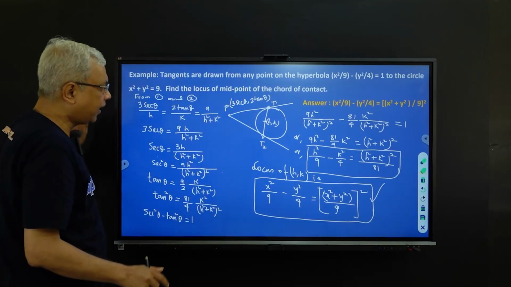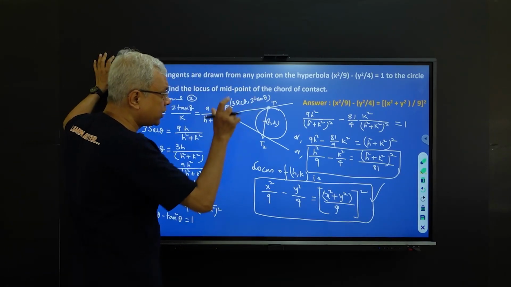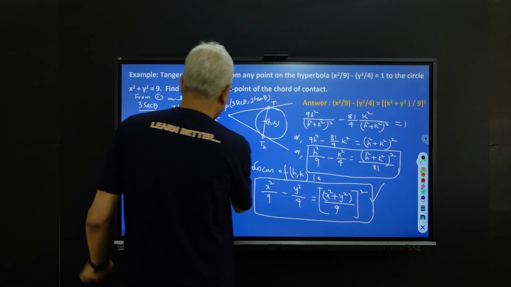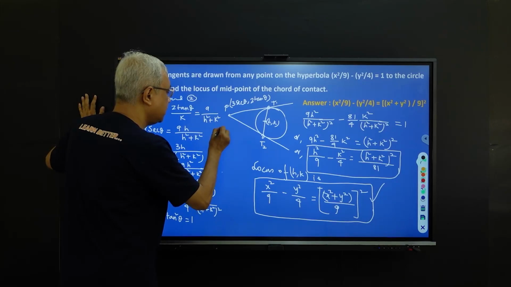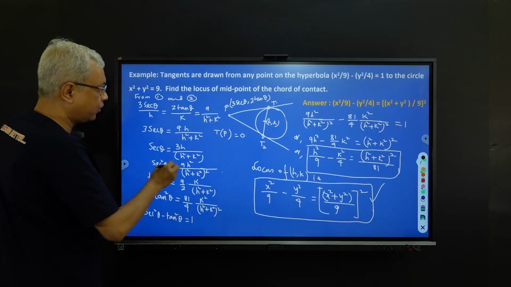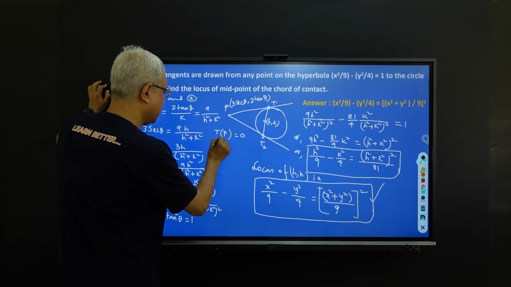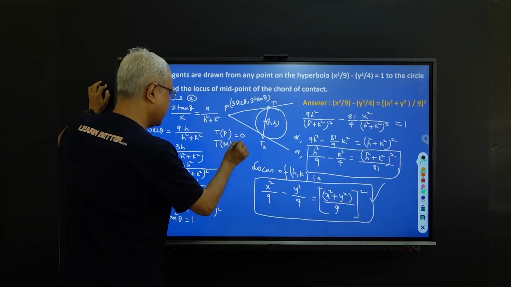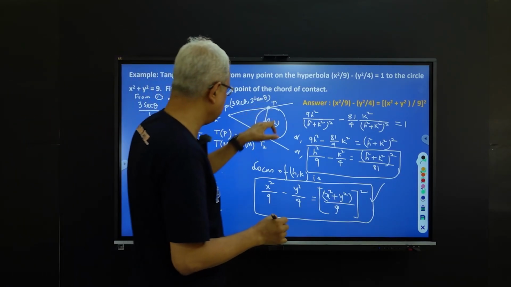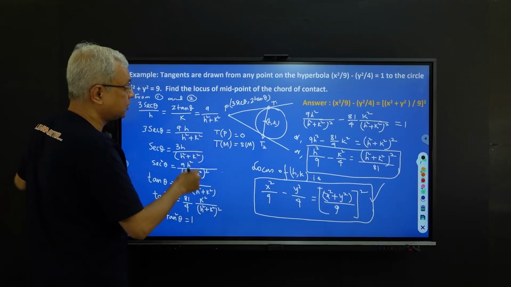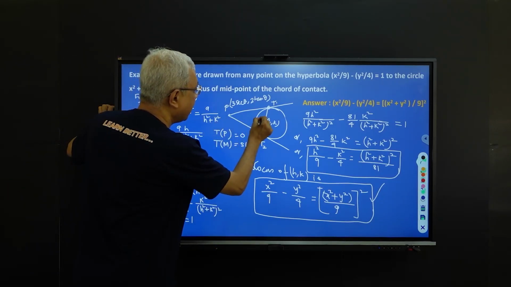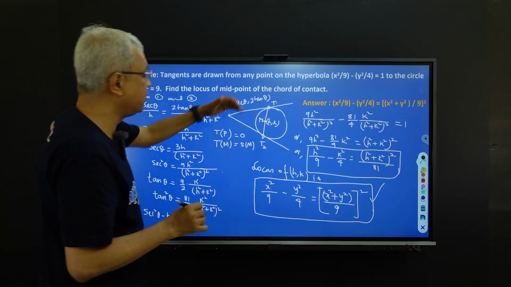So to analyze this problem, we use two techniques. One is writing the equation of the chord of contact as T equal to 0. Another way of writing the equation of the chord is T equal to S1, where S is the equation of the circle and T is the equation of the tangent to the circle, both at the point M, assuming M is lying on the circle.